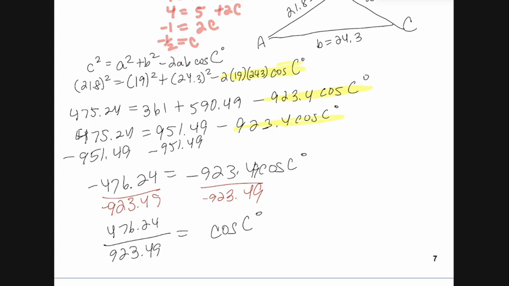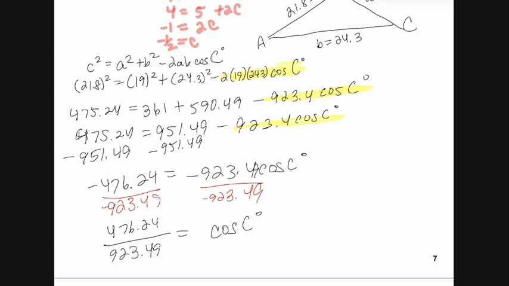Now, it should always be for a cosine a proper fraction. It can be positive or it can be negative. It doesn't matter that part. But it has to be proper because a cosine and a sine is always either opposite over hypotenuse or adjacent over hypotenuse. Hypotenuse is always bigger than the opposite or adjacent. So you must have a proper fraction at this point. The top always has to be smaller than the bottom. That being said, it looks like we're ready to go.